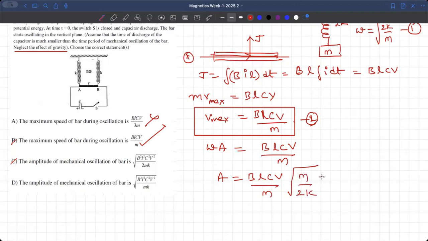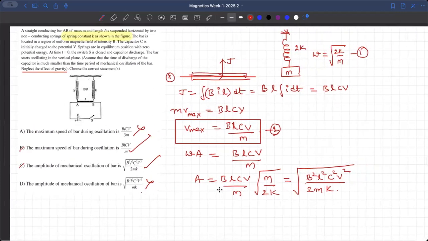Take everything inside, and what you will get is B squared L squared C squared V squared, M by M squared, by 2K. So the amplitude squared is B squared L squared C squared V squared by 2MK. Hope you have understood this question.